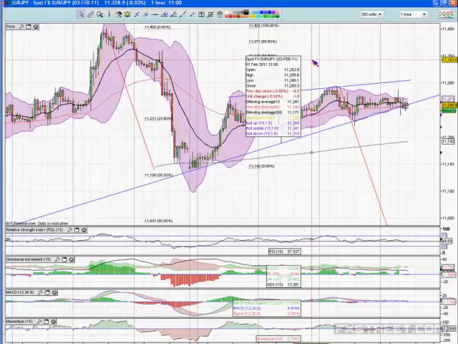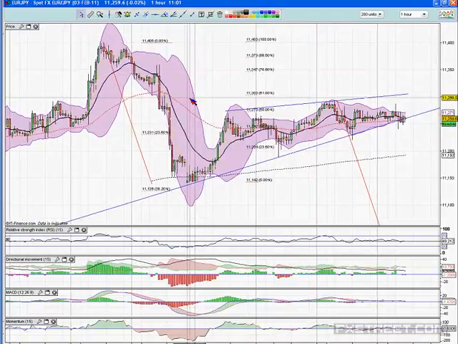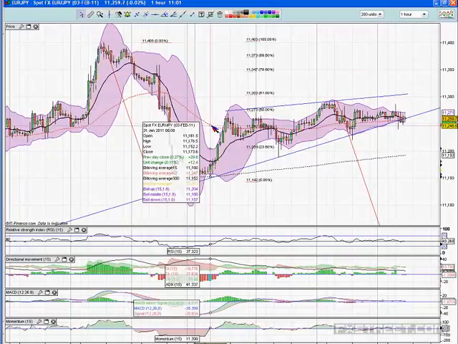On the chart here, this is actually just the Euro Yen 1 hour chart. I've got some Bollinger Bands, and these are my own settings. I use a 15 EMA and a 62 EMA in my chart analysis.